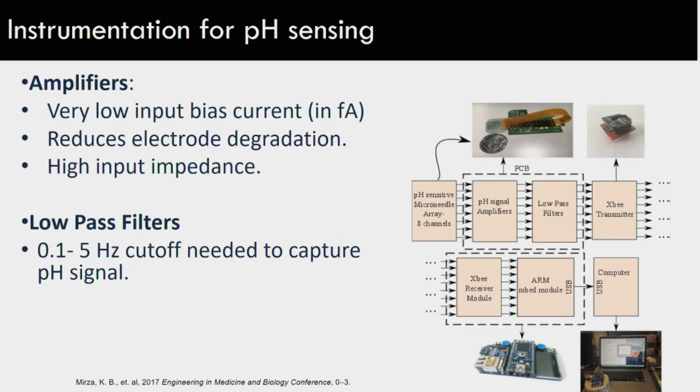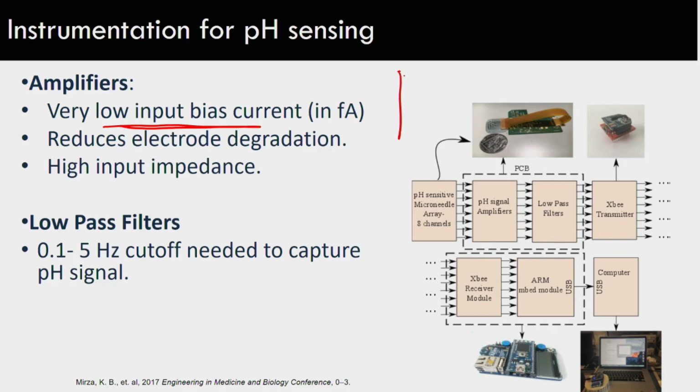This is some work which I did in 2017 when there was no AD5940 available. In today's scenario, I would go for AD5940 or AD5941. I can directly interface the pH electrode with the sensing platform using AD5941 or AD5940.